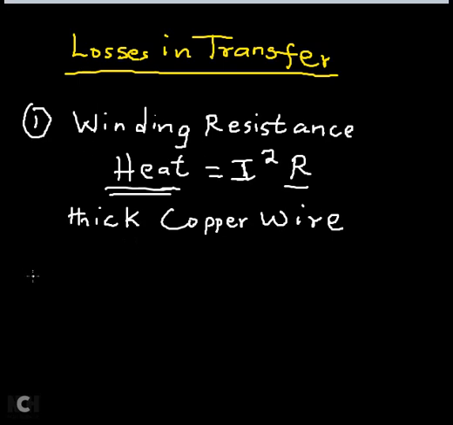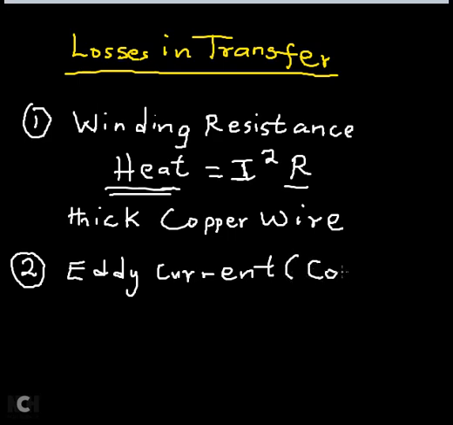Another loss you get is the loss due to what is known as eddy current. This eddy current is induced in the core of the transformer, because of course you know very well that the core of a transformer is metallic in nature.